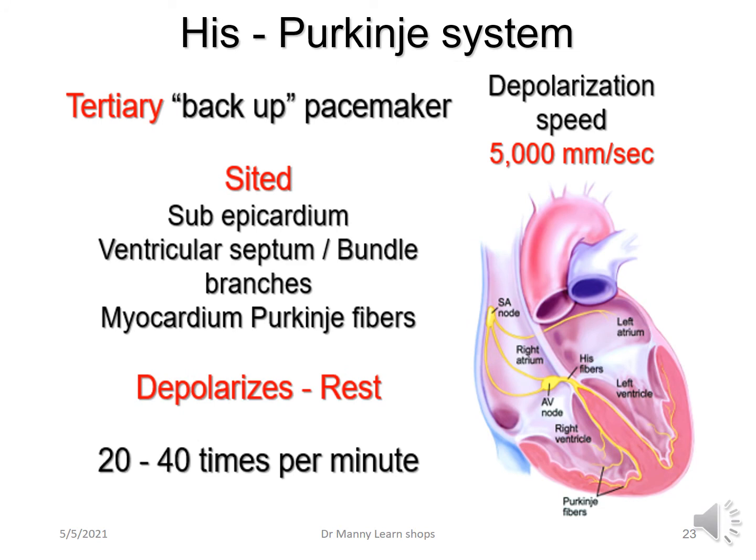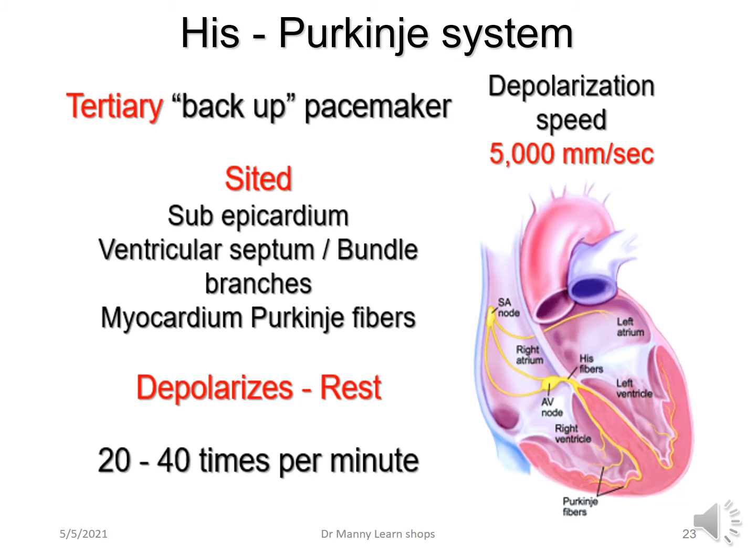The His-Purkinje system is considered to be the tertiary or backup pacemaker, but it's unreliable. It's not actually pacemaker tissue, only the SA node and AV node are. It's sited at the subepicardium, in the ventricular septum, which become bundle branches, and eventually the myocardium, the Purkinje fibers.